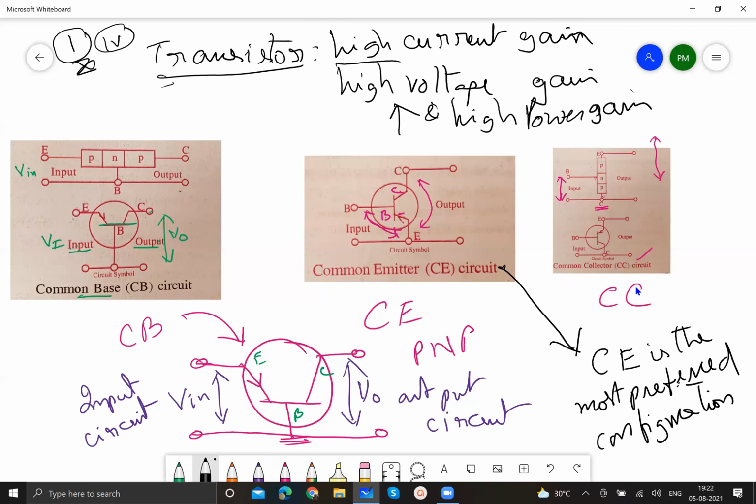So these high values of the gains are possible only in the common emitter configuration. Common base and common collector won't be giving us those high values of gains. Hence, we prefer only common emitter configuration in all the electronic circuits. Understand? Yes, sir.